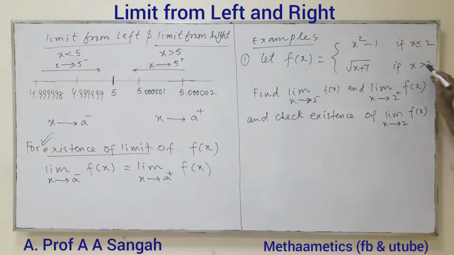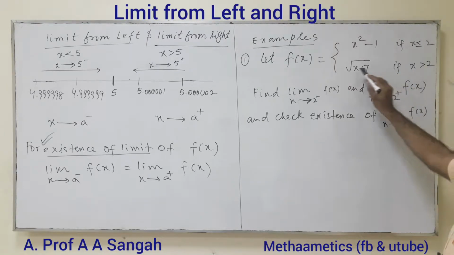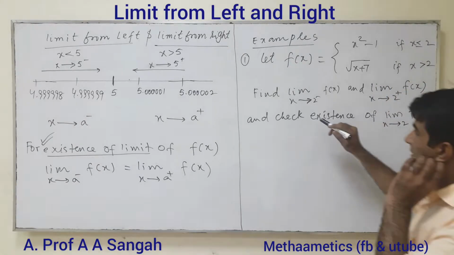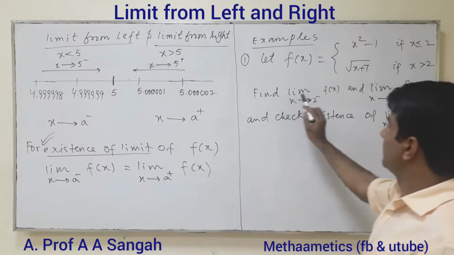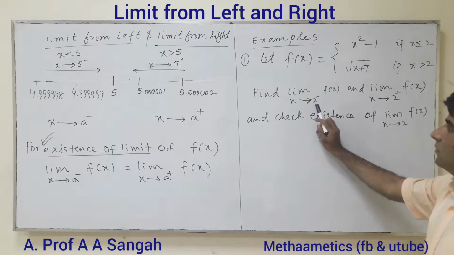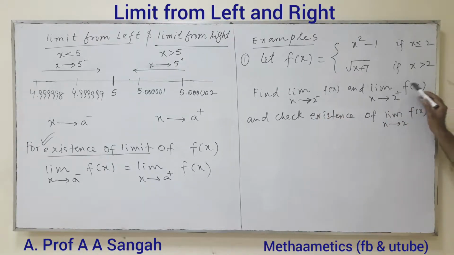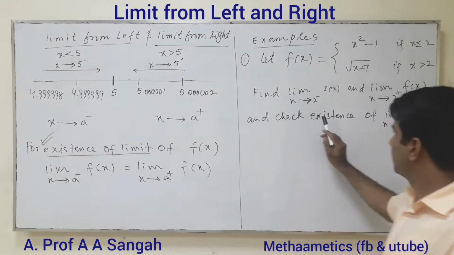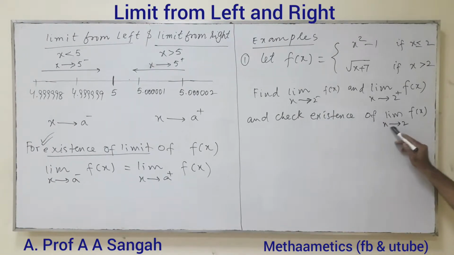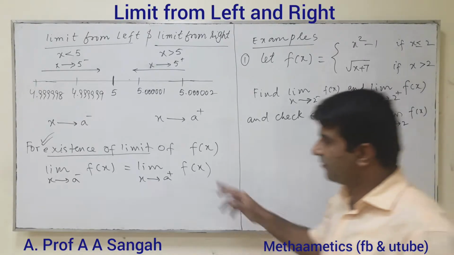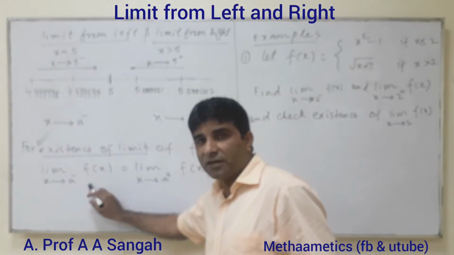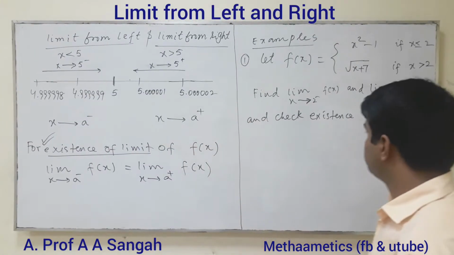Here x is greater than 2, so x approaches from the right hand side. We have to find the limit x tends to 2 from the left hand side, find the limit x tends to 2 from the right hand side, and check the existence of the limit as x tends to 2. We know well that the limit exists when the left hand limit and right hand limit are equal.